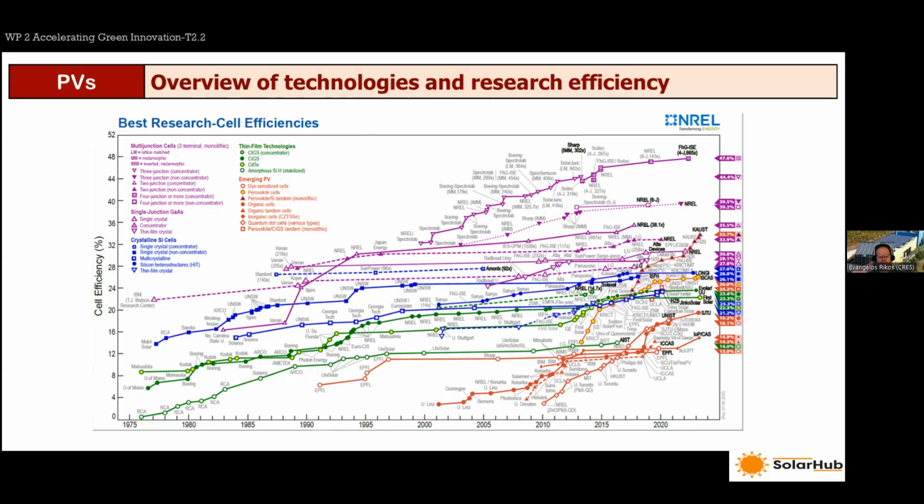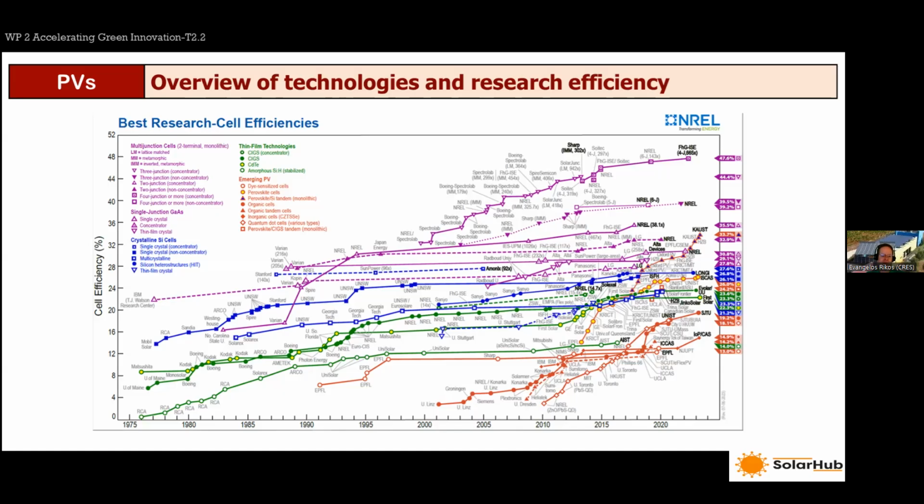And it shows also the technologies categorized into specific groups. There are, for example, these multi-junction cells that so far lead to the highest performance. There are the crystalline silicon cells, which are the predominant in the market, which produce a rather high performance, but not as good as the multi-junction ones.